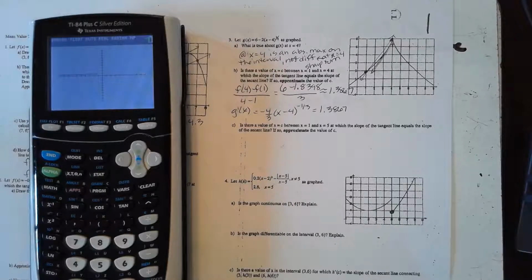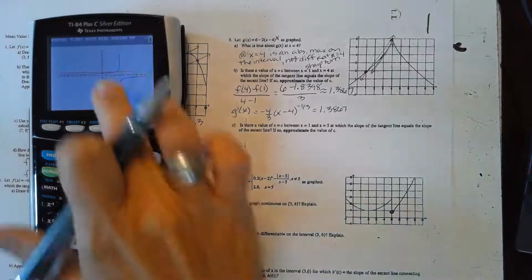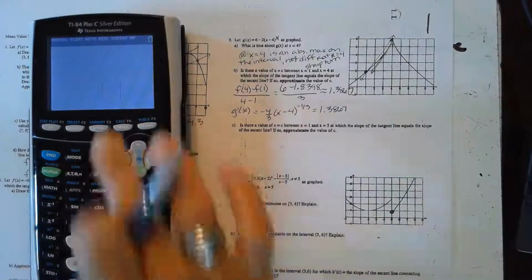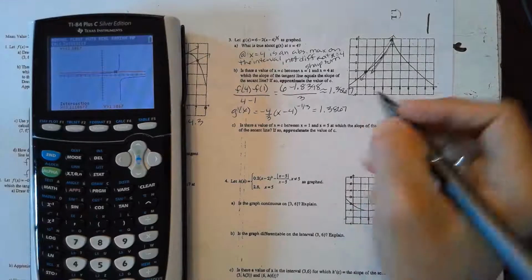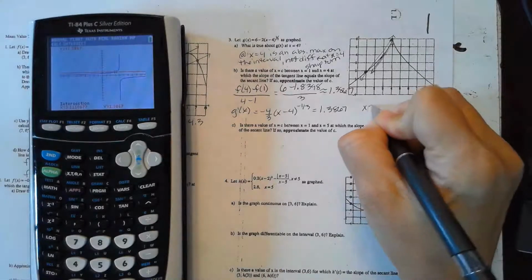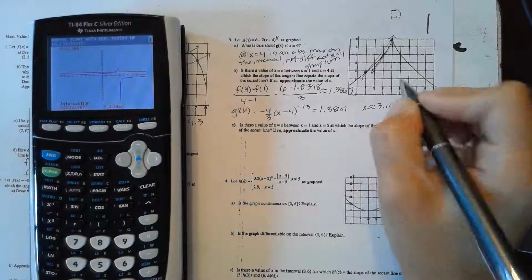All right, so let's wait till it comes up, and then what we're going to do is find the intersection. And I notice, let's see, it looks like there's going to be one intersection point right here. So second trace, 5 for intersect. All right, and I get it at x is approximately 3.111.